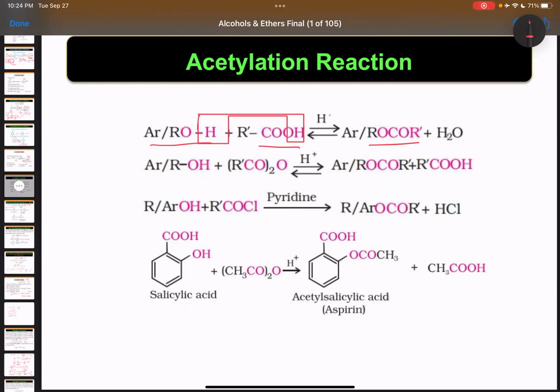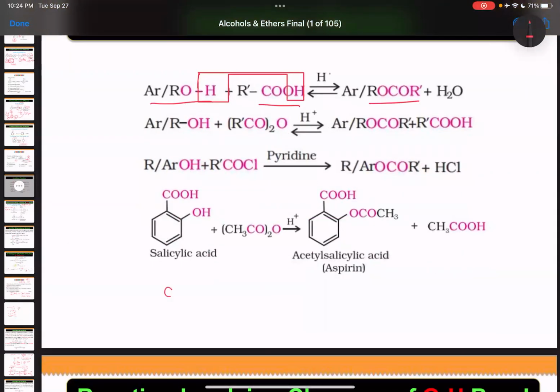That is very important. But you can also use RCOCl with the alcohol. This is acetyl chloride. HCl gets removed. You take pyridine also. Pyridine actually is a base. It absorbs HCl, right? Yes, sir.